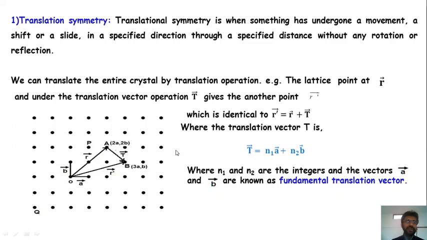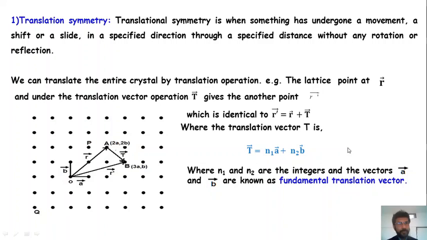Therefore, as we go from A to B, the vector R dash is given by using the law of the vector triangle: R dash is equal to vector R plus vector T. In general, the translation vector can be expressed as T is equal to n1A plus n2B, where n1 and n2 are integers, and the vectors A and B are known as the fundamental translation vectors.